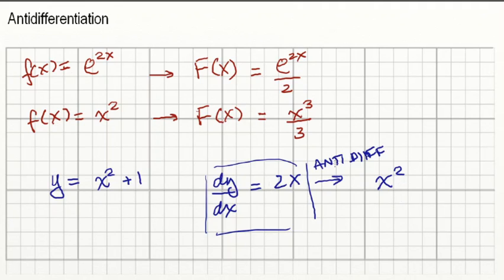So this actually means that anytime you anti-differentiate a function, you're bound to have a constant. So you could have a family of functions with any c possible, and all of them, when you differentiate, you will get 2x. For example, if I had y equals x squared plus 2, the derivative would be the same.